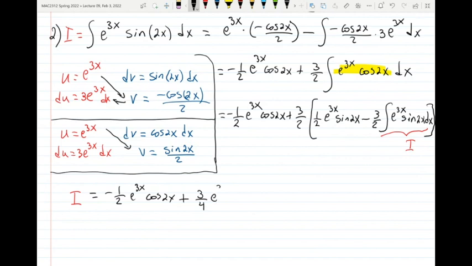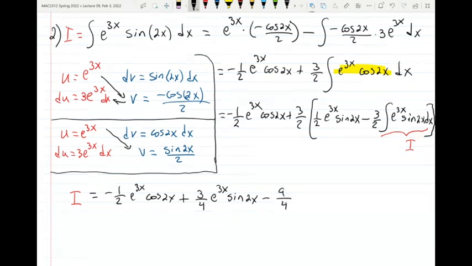Plus 3/4 e to the 3x times sine of 2x minus 9/4 I. Do you understand this? All I did was I rewrote the problem, but instead of the integral, I put I. Are we okay?